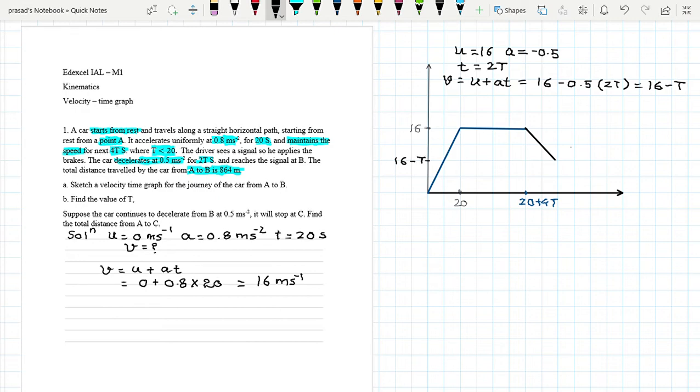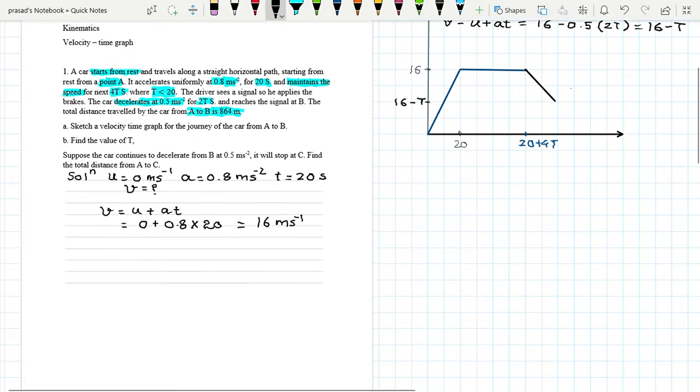Now it is given that the total distance traveled by the car is 864 meters, and we know that the area under the velocity time graph is the distance traveled. So I will divide this region into different geometric shapes.